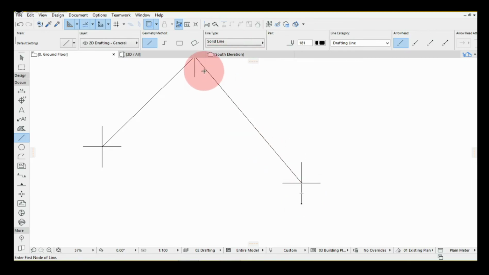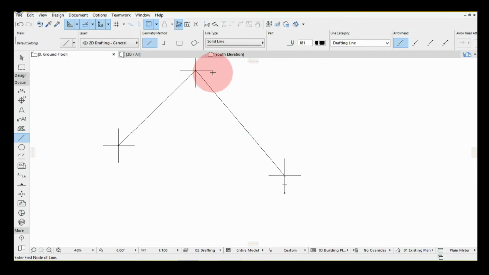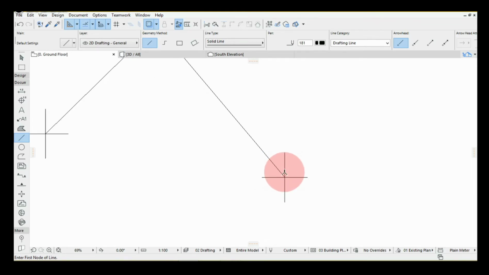That was why we moved in this direction, because it falls from 90 to 180. Now when it falls from 180 to 270, you're going to follow this direction. Now when it falls from 270 to 360 degrees, you're going to follow this direction.